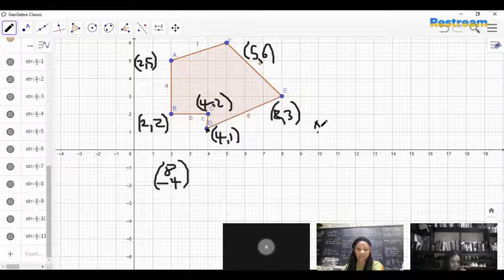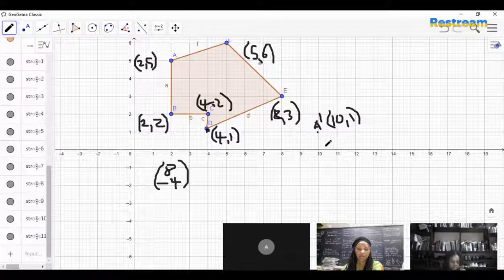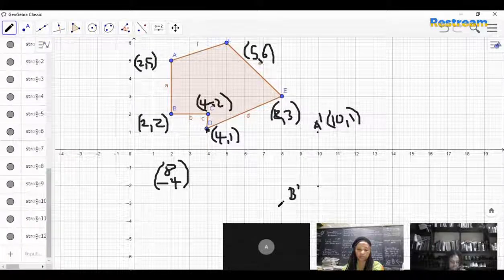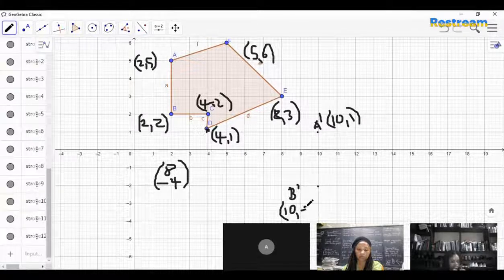B prime would be 10, -2. C prime would be 12, -2.